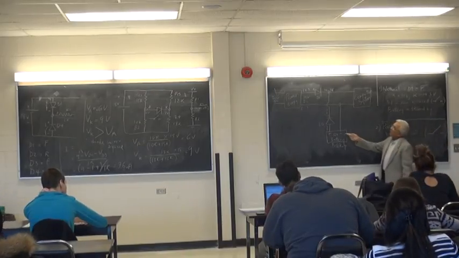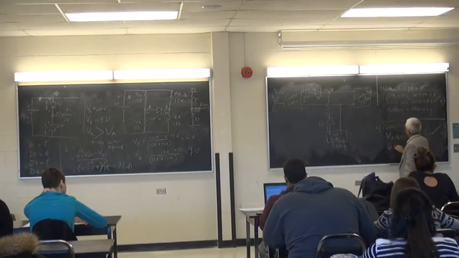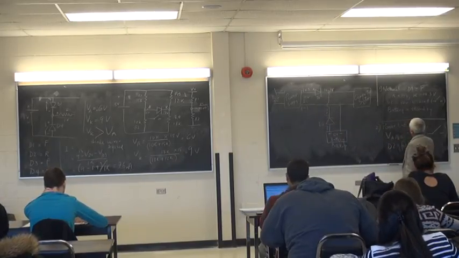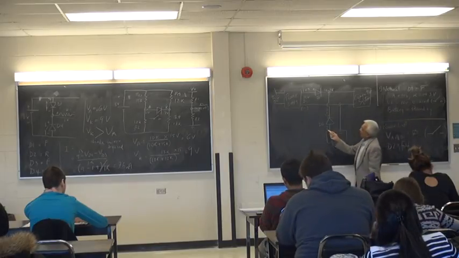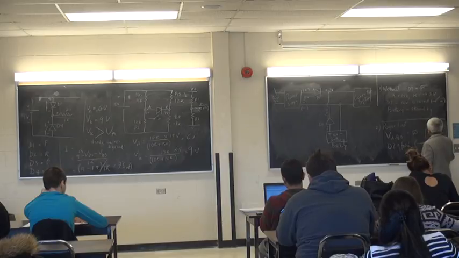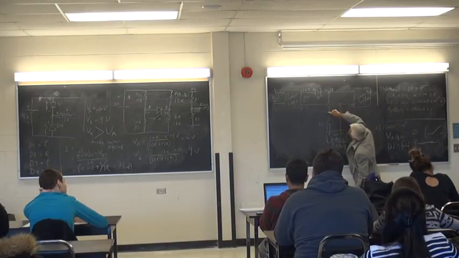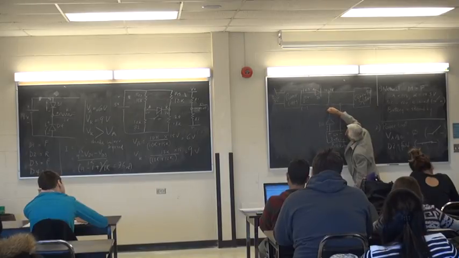Okay? Why? Because now D2 becomes forward biased. So D2 here becomes forward biased. It becomes a closed switch. 12 here. How much over here? 11.3 volts.